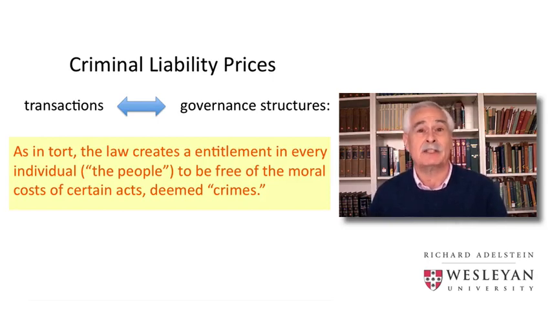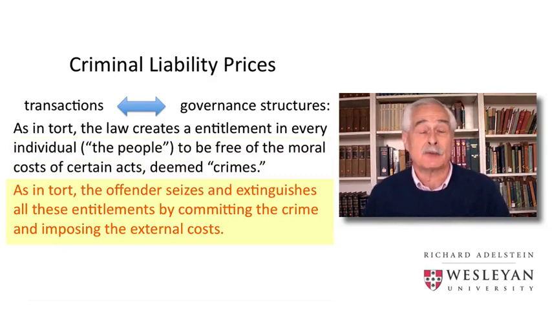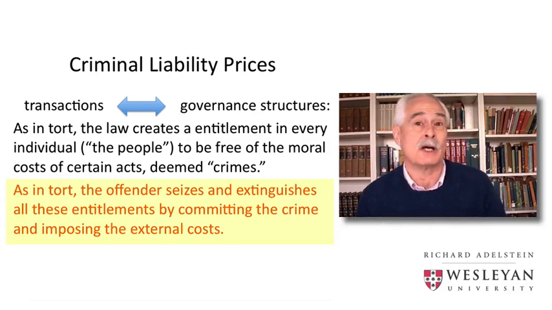In the criminal case, this initial entitlement setting deems certain acts that impose moral costs to be crimes. And, as in tort, the transaction occurs when the offender seizes and extinguishes all of these entitlements on the part of these individuals to be free from the moral costs of crime. And he does this by committing the crime and thus by imposing the moral costs.